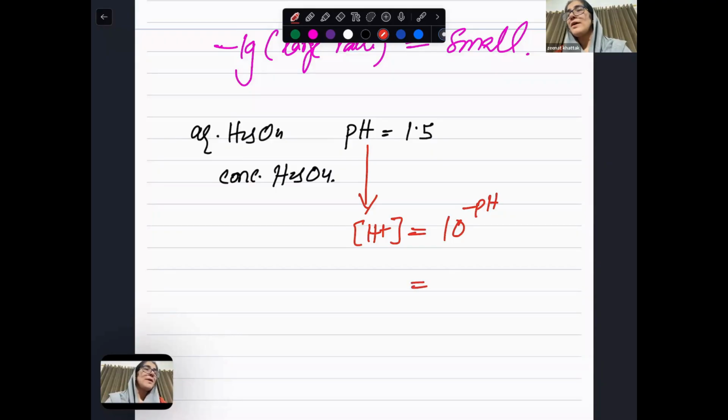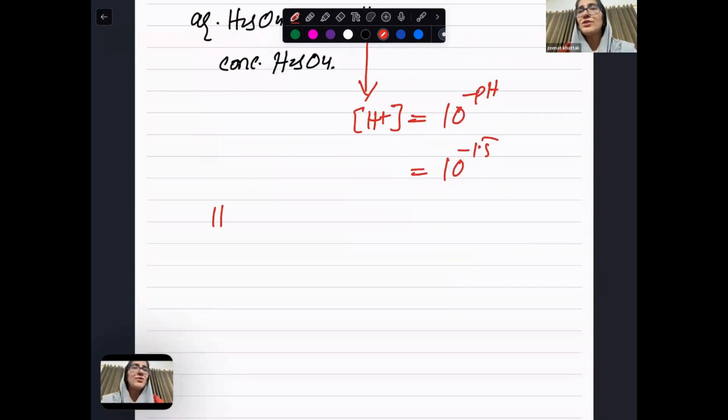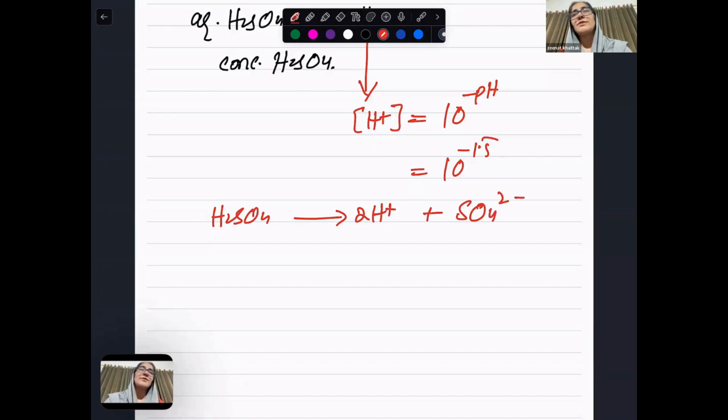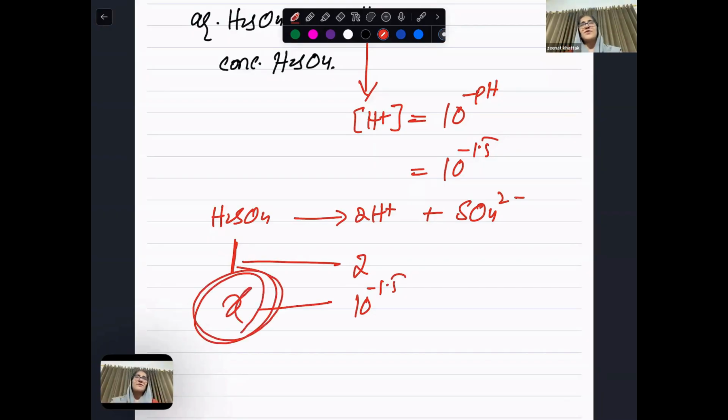So 10 power minus 1.5 gives H plus. Now, I know that H2SO4 ionizes to produce 2H plus and 1 sulfate. For every 2 H plus, 1 acid ionizes. From 10 power minus 1.5, can you find the concentration of sulfuric acid? Yes.